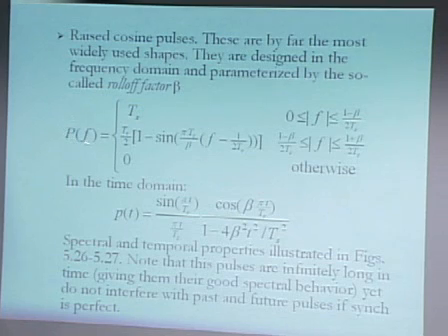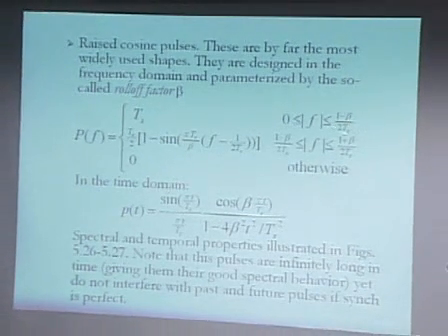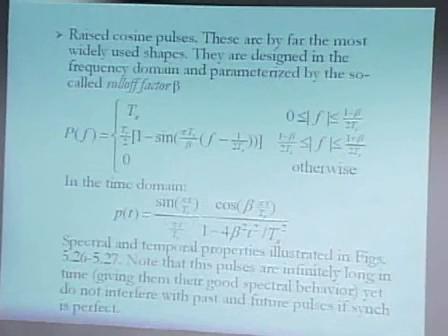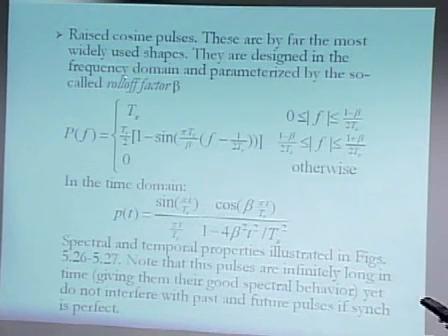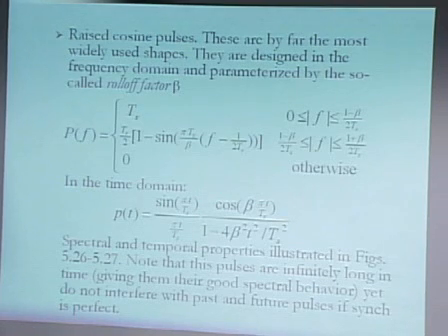In the frequency domain, they have three regions. Starting at frequency 0, they're flat up to a point, which is (1 − β)/2T_s. And β is a parameter that we can adjust. It's called the roll-off factor. For example, in GSM phones, the ones most of you have as Cingular users, this β is 0.35.